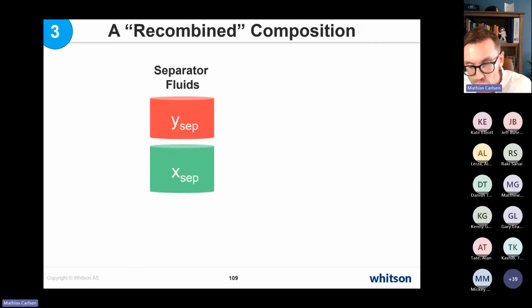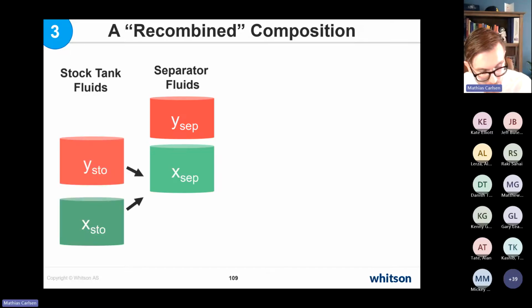If you measure separator fluids, you have a separator gas and you have a separator oil. First, to estimate the separator oil composition, you need to flash that down to stock tank, and you get a stock tank flashed gas and a flashed oil composition. You put these into the GC, and these are actually the only two things that you measure, this flashed gas composition and this flashed oil composition.